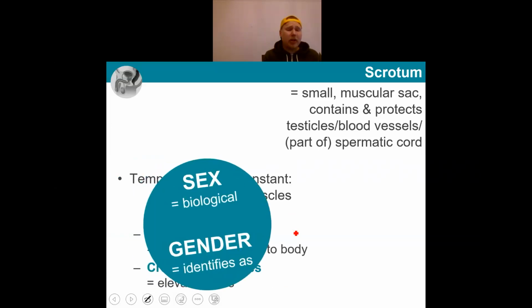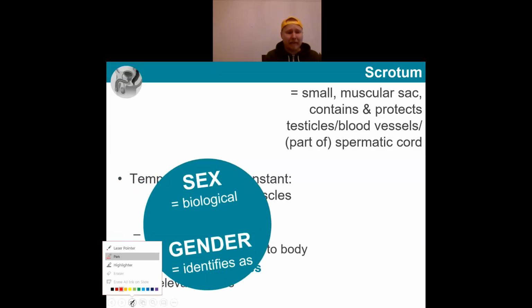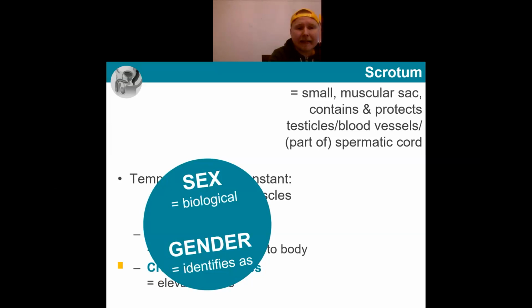At this point, it's kind of a jumping off, but I want to make sure that we are clear about the difference between the terms sex and gender. And I'm talking about these terms as they are relevant to biology. I'm not trying to dispute anyone's self-expression or how they identify, simply in a biological sense, in the field of biology. Sex is what you're born with, that's coded into your DNA.